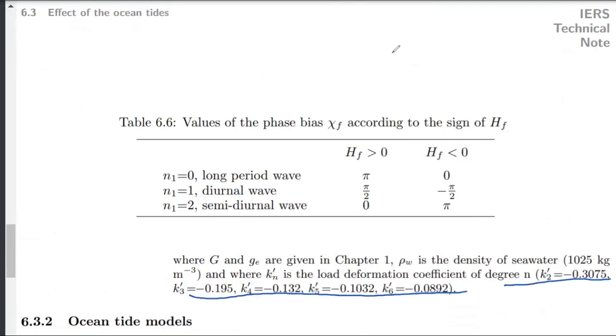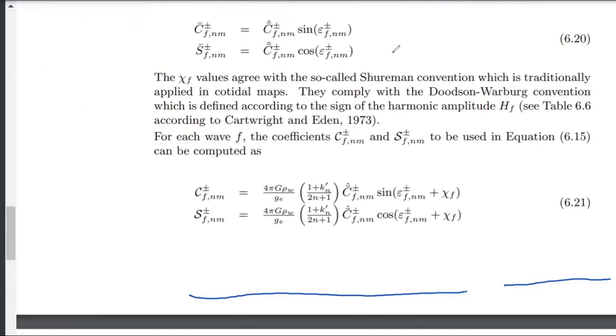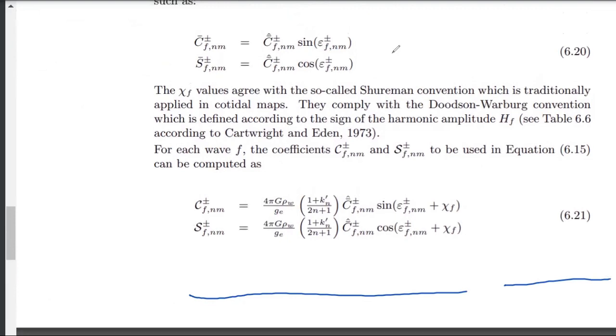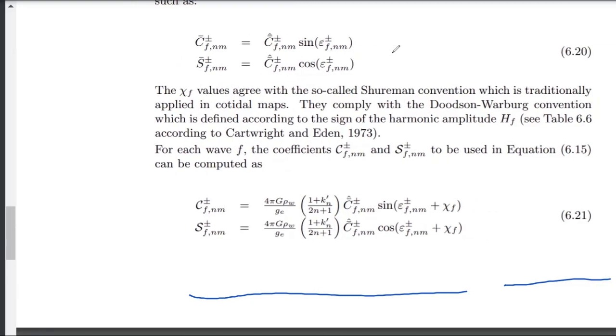So yeah, this is also the formula for the ocean tide model, for the sine coefficients or cosine coefficients, and you can use them in practice. This is the shift of the phase.